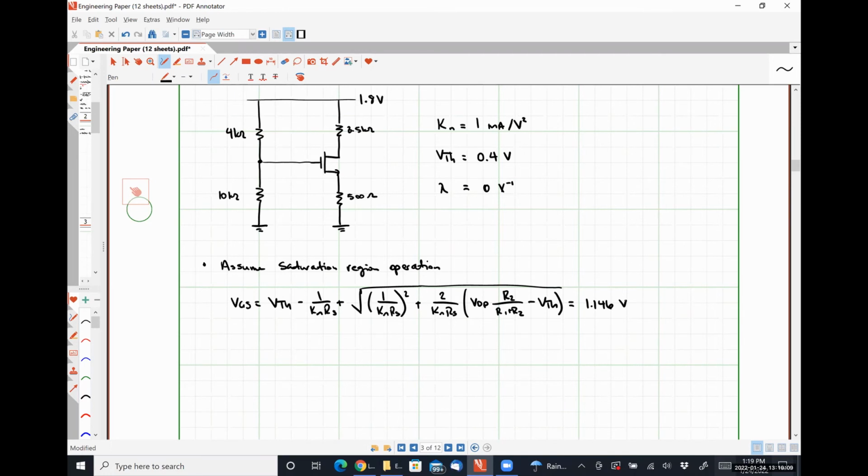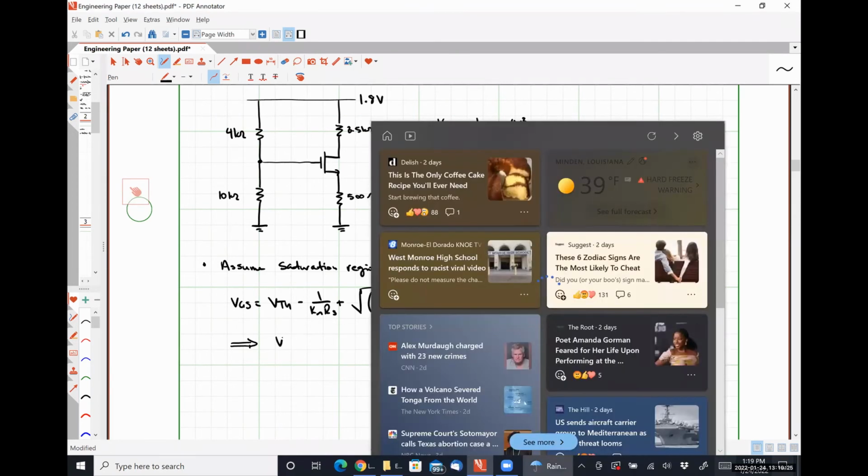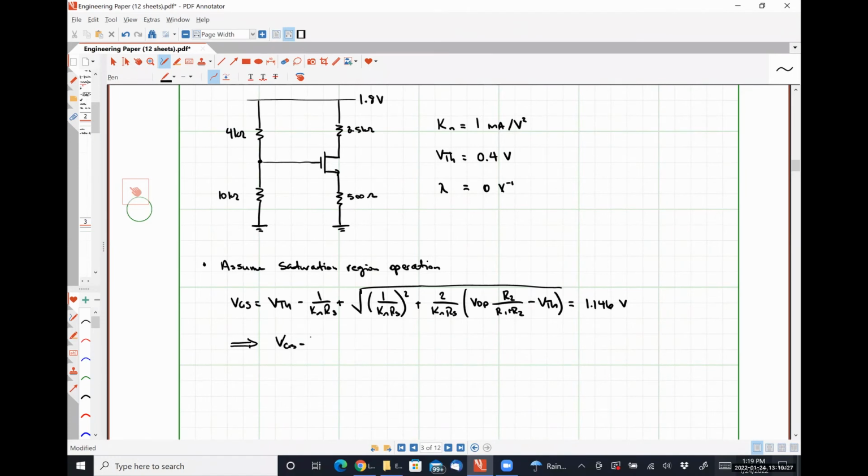Obviously, this is greater than VTH, so we're at least at a reasonable start. From here, I could then determine VGS minus VTH, which would be 0.746 volts.